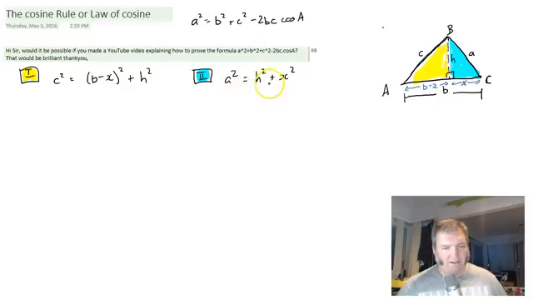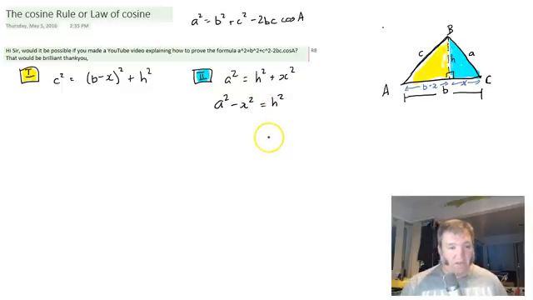So over here, to get H squared on its own, I need to subtract X squared. So A squared minus X squared equals H squared. Okay, that I can work with. Let's sub that in to the first equation. So I'm going to substitute A squared minus X squared for H squared in equation 1.